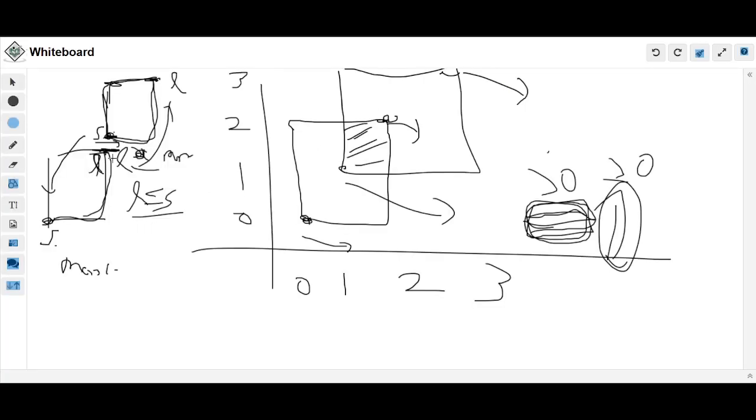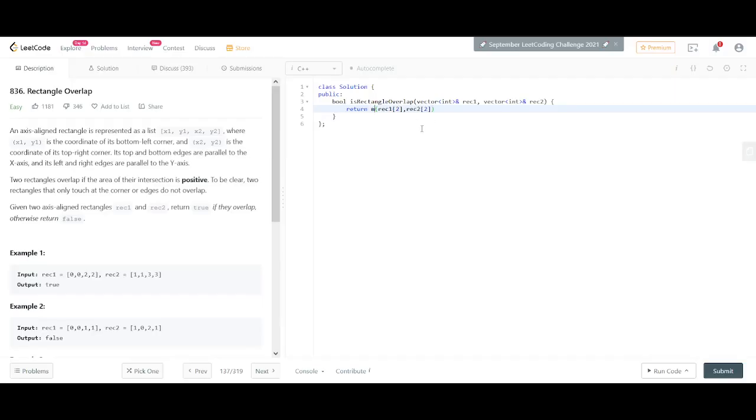I'm talking about this coordinate and this coordinate. I need to take the minimum of it. The minimum should be lesser than what? The maximum of the smaller coordinates, which are 0 and 2.